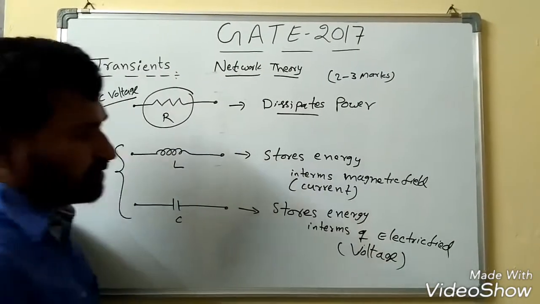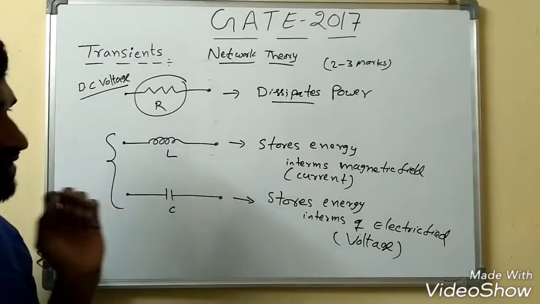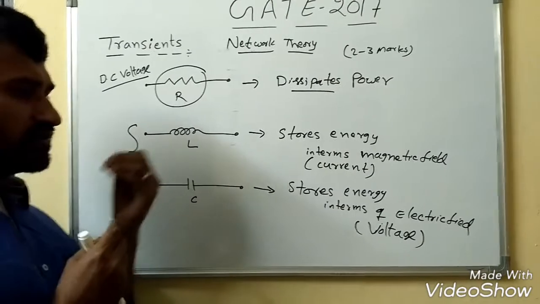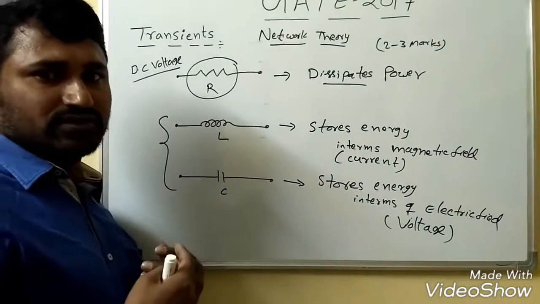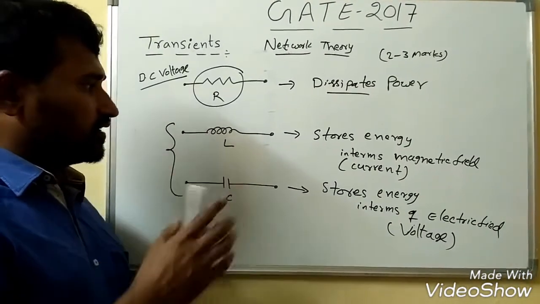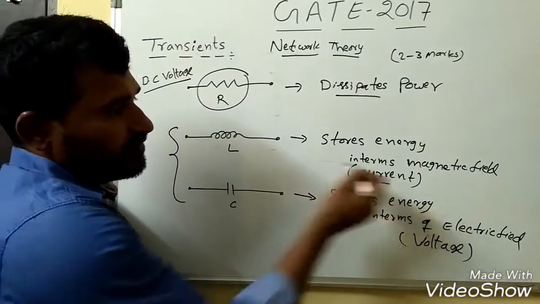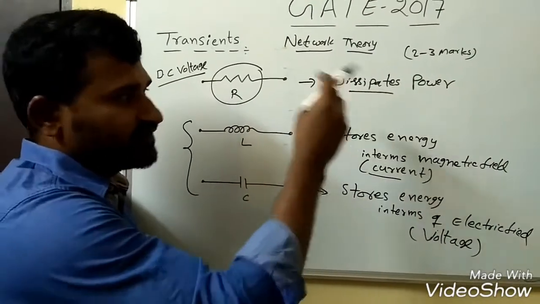Now when we give sudden changes, it opposes sudden changes, but when you keep on applying the voltage or current, it will store energy up to infinity of time. The inductor is storing in the form of current. Now we are applying voltage up to infinity time.